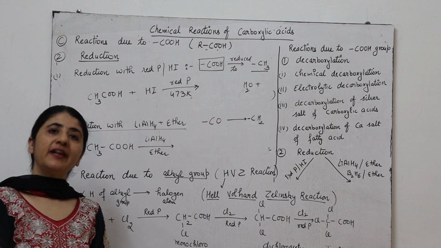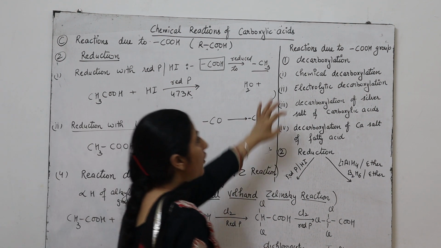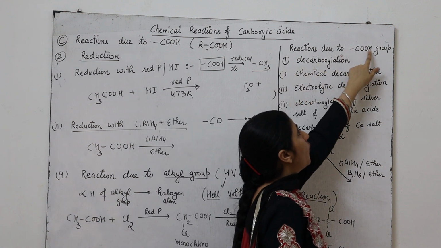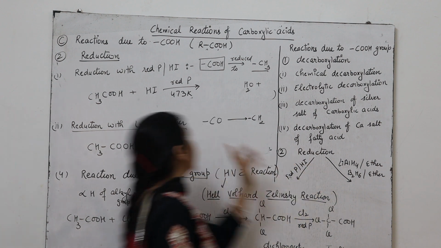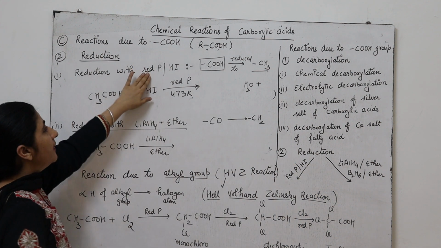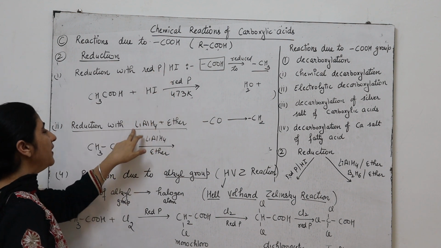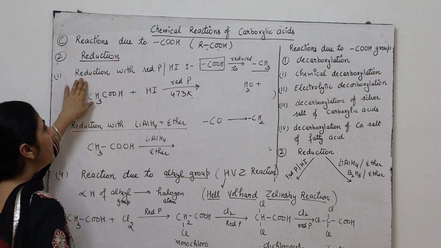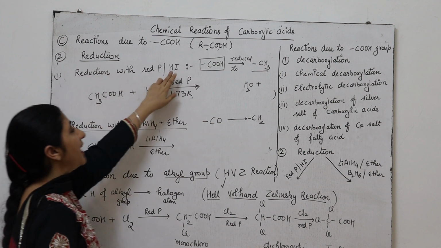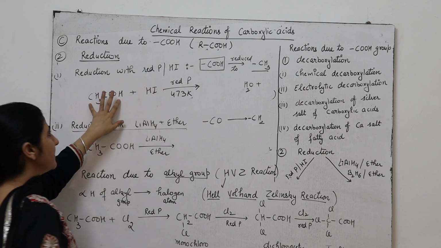The second type of reaction shown by the carboxylic acid is one in which there is a breakage of the alkyl-COOH bond, that is a reduction. Reduction takes place either in the presence of red phosphorus and HI, or in the presence of lithium aluminum hydride and ether. So what will happen when the reduction takes place in the presence of HI and red phosphorus? Here we have acetic acid.